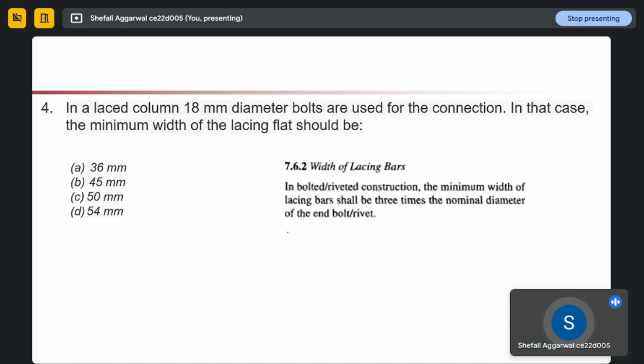So the clause you can use to calculate it: in case of bolts or rivets, the minimum width of the lacing bar is 3 times the nominal diameter. In our case, the nominal diameter is 18 mm. If we calculate it, it will be 54 mm.